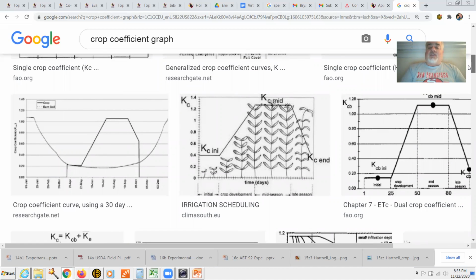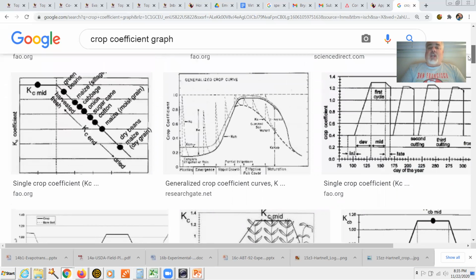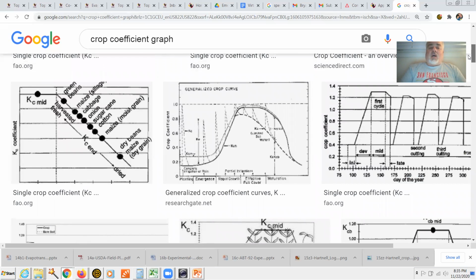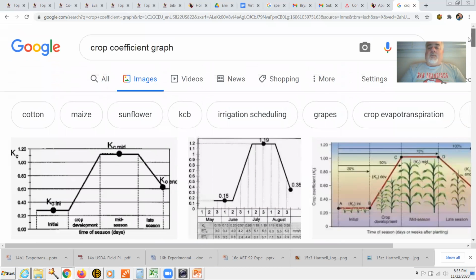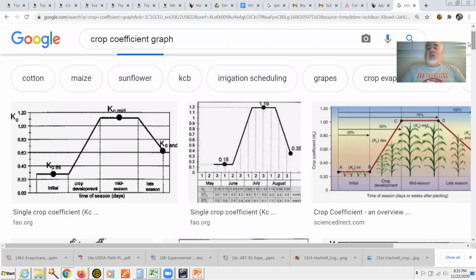And that is challenging. That's part of the biggest challenge in development of these graphs to estimate what crop coefficient I am going to use. You can calculate your reference ET very easily.